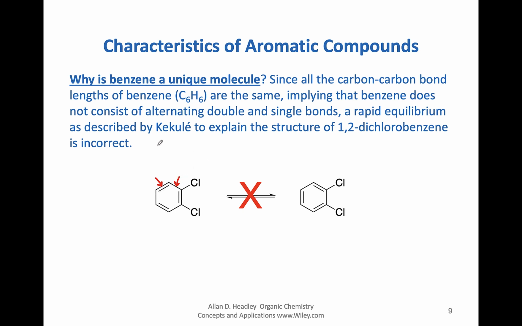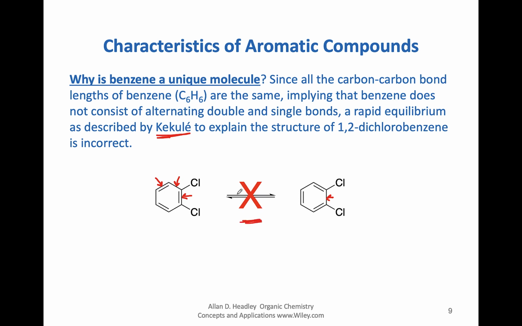It was shown, or proposed, by Kekule that there's a rapid equilibrium in 1,2-dichlorobenzene, where this is now a double bond, and over here it's a single bond. So that was his proposal to account for the bond lengths being all the same, a rapid equilibrium.